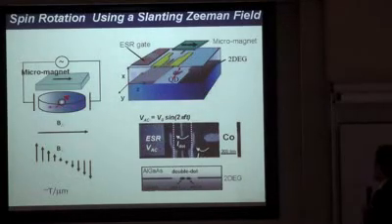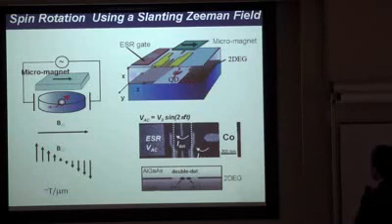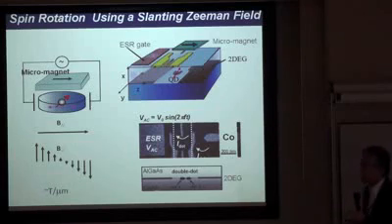Here is our device scheme. We define a quantum dot in a two-dimensional electron gas with the Schottky gates in yellow, and on top we put the cobalt micromagnet, which is magnetized in plane by application of the external magnetic field. And we place some gate to which we apply the microwave.